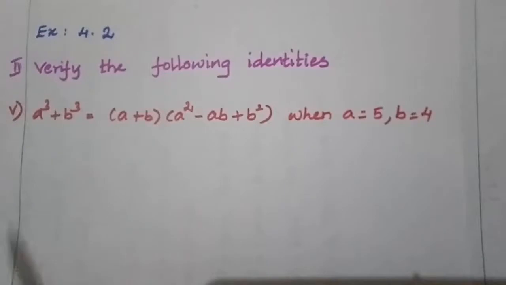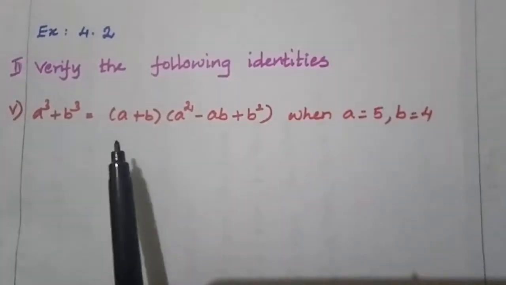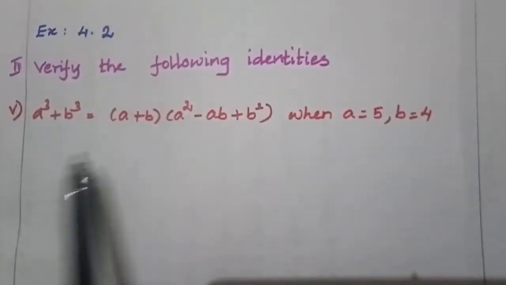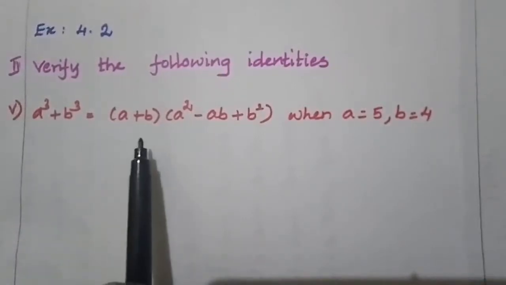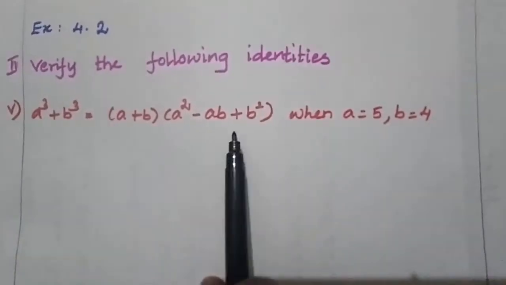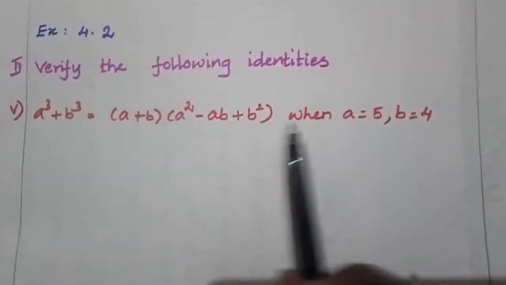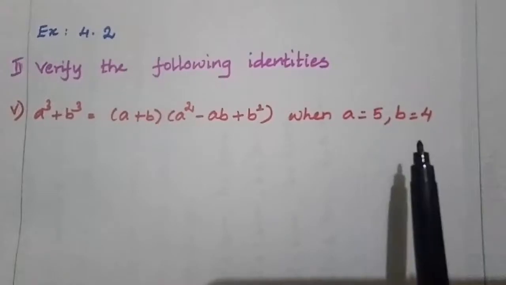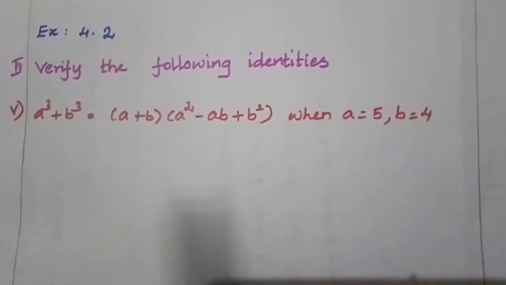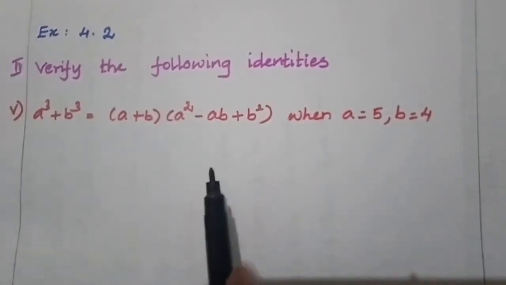Exercise 4.2, second Roman letter, verify the following identities. a cube plus b cube is equal to (a plus b) into (a square minus ab plus b square). Here, they have given the value of a as 5 and b as 4. Now, we have to find the value for this algebraic identity.